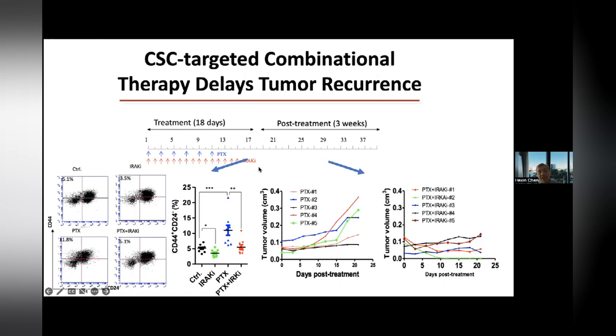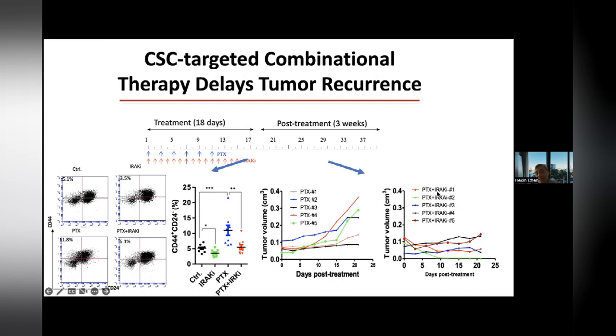We also followed up after this treatment. Since chemotherapy enriches the stem cells, we assumed the tumor would regrow very quickly after treatment. Indeed, as we show here, for the chemotherapy-treated mice the tumor recurs and regains growth very quickly.